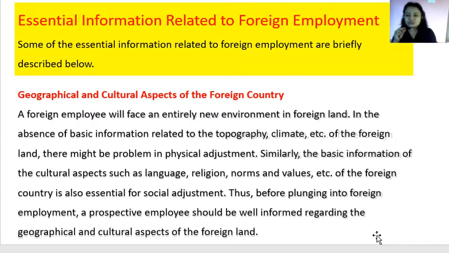Employers will not provide us easy accessibility to different sorts of work. There will not be an easy environment for you to adjust. So that's why you need to know about the language, religion, norms and values, and culture. These are the very basic things, along with the climatic condition and the geographical condition. You need to know about them for your adjustment in foreign countries.